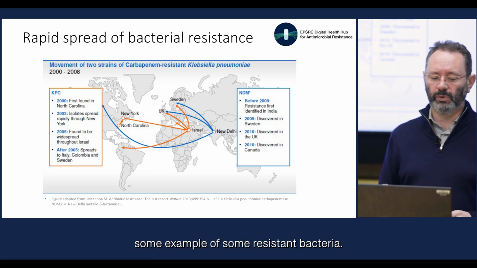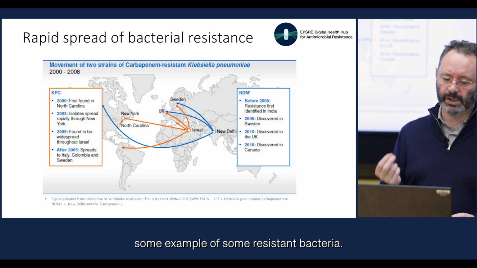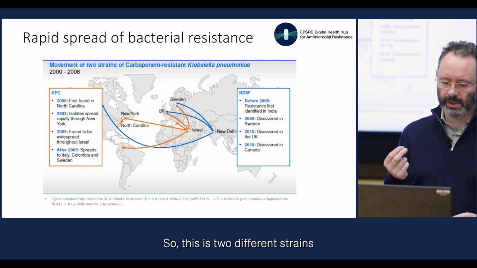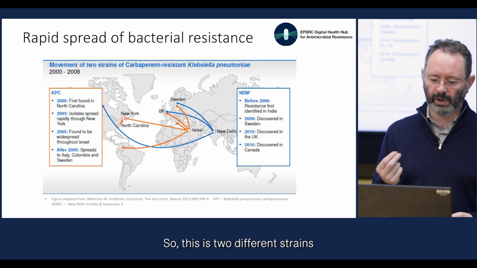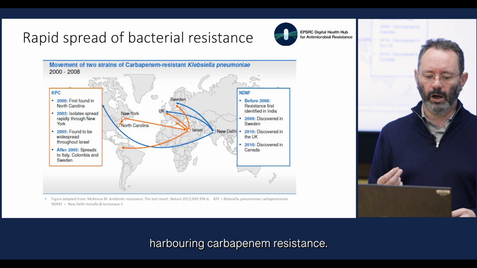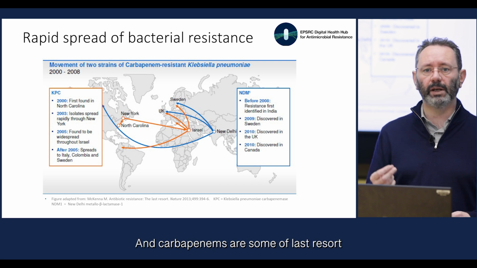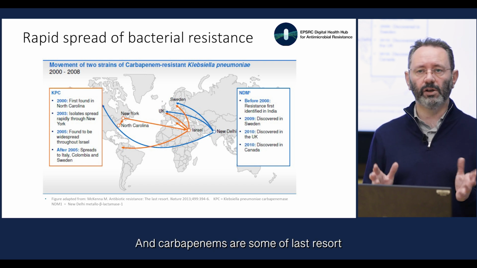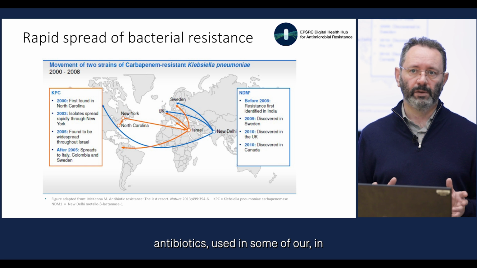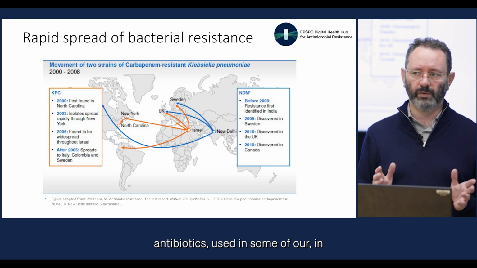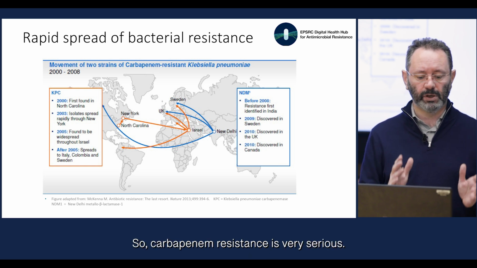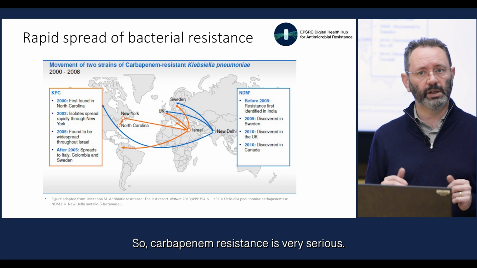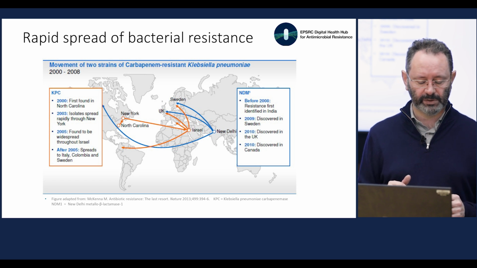So here's some example of some resistant bacteria. So this is 2 different strains of Klebsiella harboring carbapenem resistance. And carbapenems are some of our last resort antibiotics used in some of our illest patients. So carbapenem resistance is very serious.